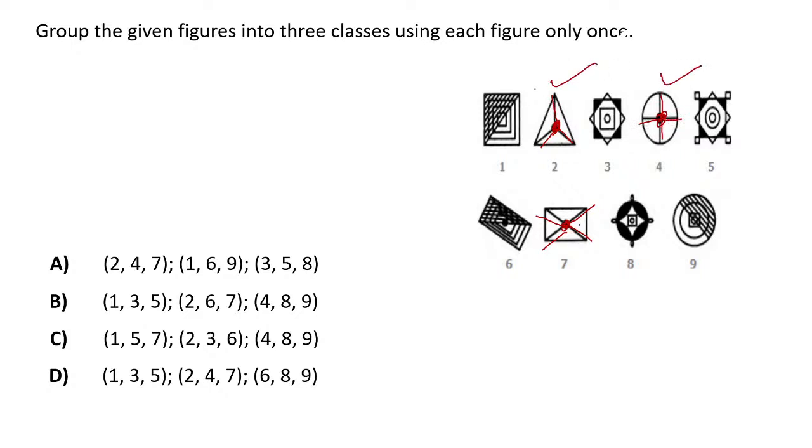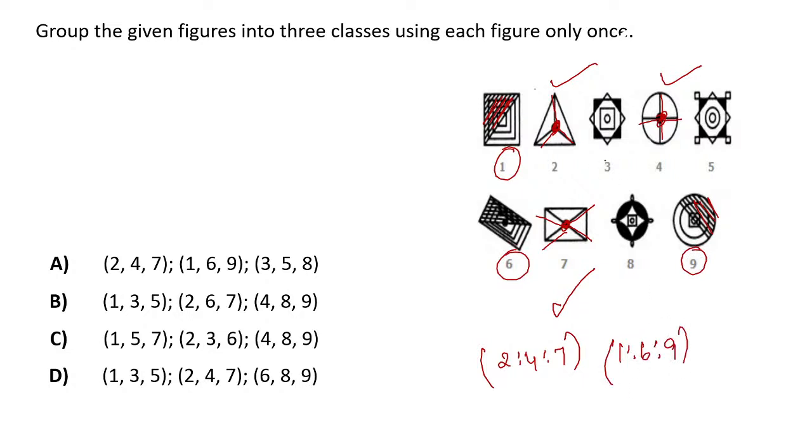So 2, 4 and 7 will come in one class. And here we have shaded part. The square is shaded, the circle is shaded, and it's like a pyramid. So this is also shaded. So 2, 4, 7 will come as a class. 1, 6, 9 will come as a class.